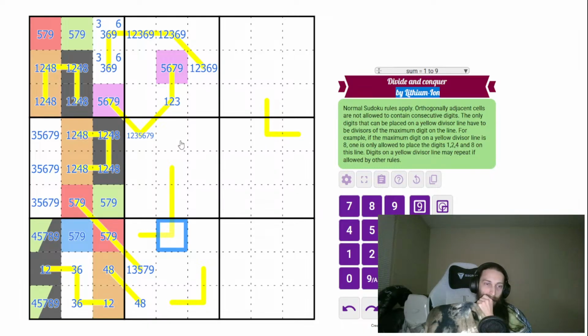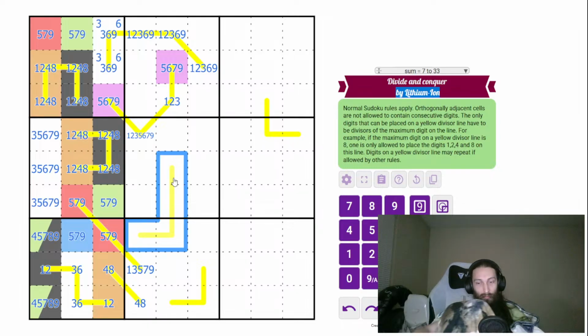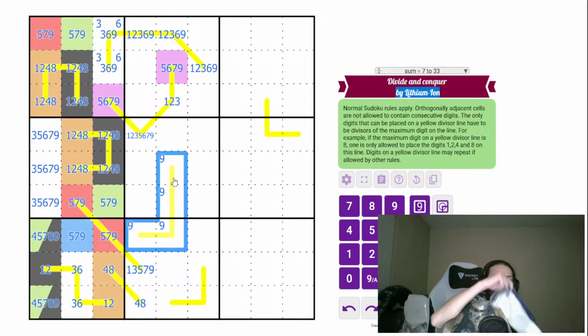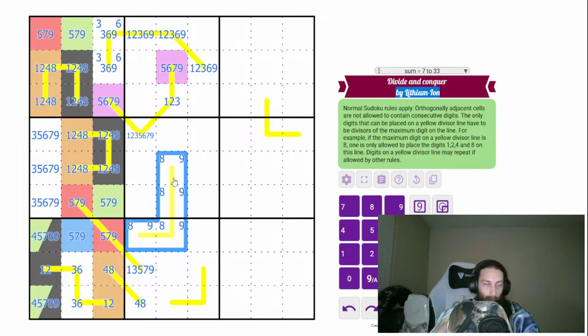What am I missing? Can I think about this one? Well, it cannot be one of the primes. So it could be 9, because I can have a repeat. It could be 8. It cannot be 7. It could be 6.